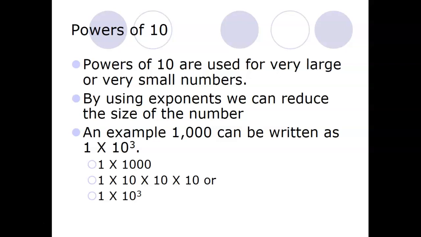So by using exponents, we reduce the size of the number, right? Because we don't want to sit there and look at a very large number because it takes up a lot of paper. One of the quickest examples: how many of you have heard thousands represented as, I want 1K?